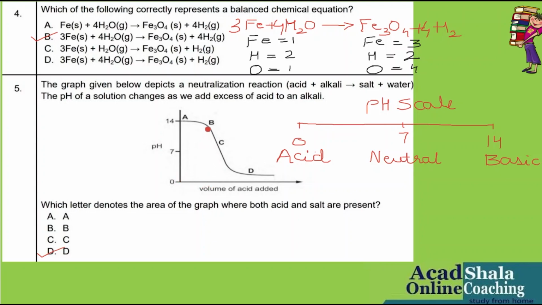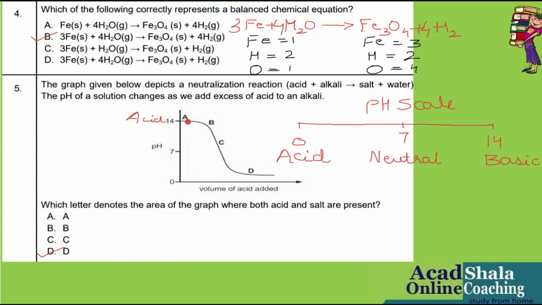Now they are saying that I am adding excess of acid to an alkali. Okay. Now they are adding acid in the alkali. Okay, I have added acid. Now, after adding acid, I have observed that when I add acid, the graph is going down. That means first it will reach towards pH 7.